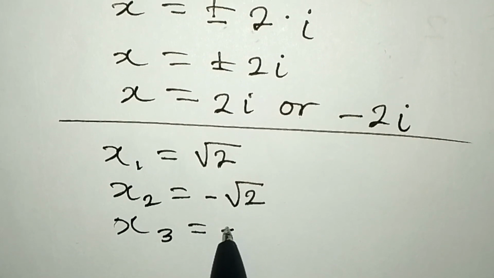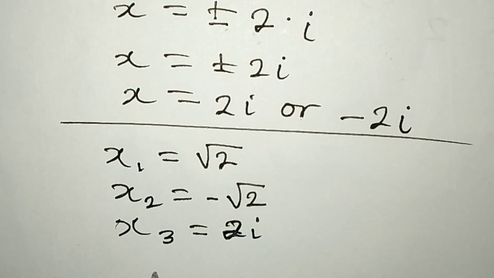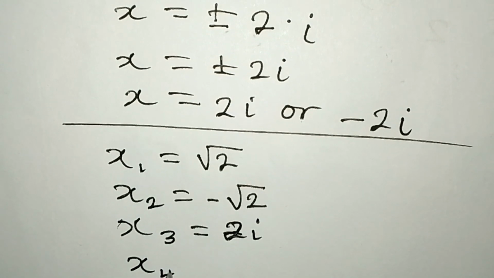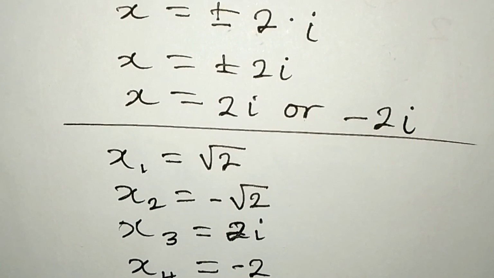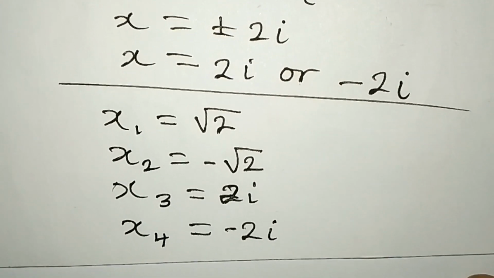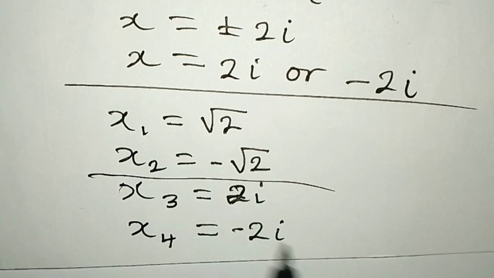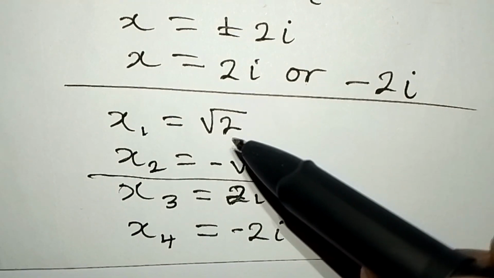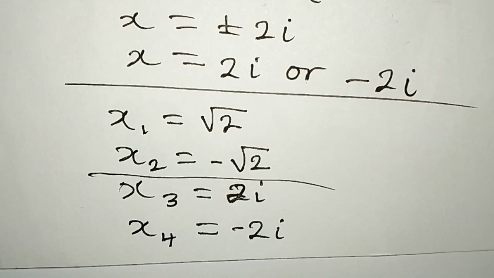So we'll write 2i for x3. And then our x4 is equal to negative 2i. And from here now, we can see that only the first 2 solutions are real solutions. The other 2 are complex solutions.